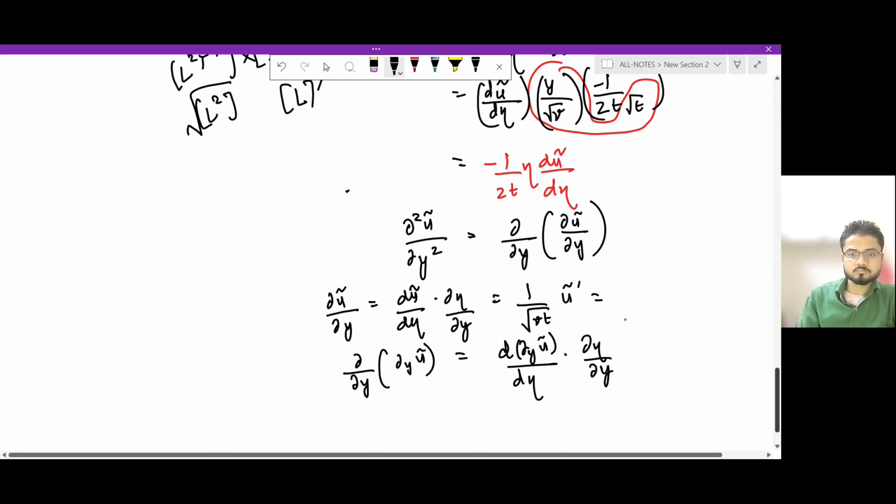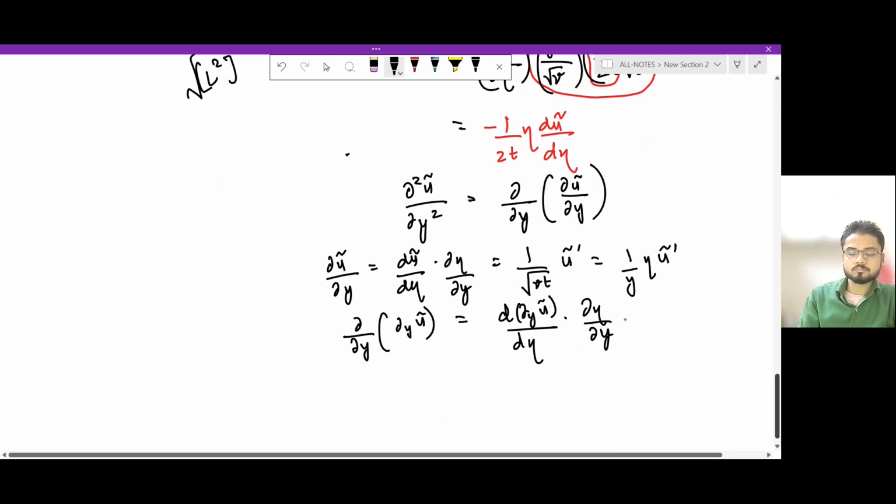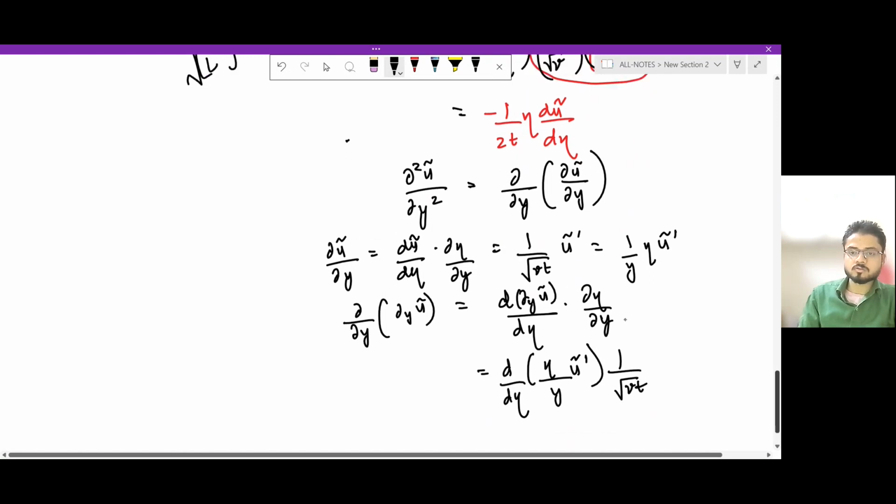And this is η over y times u′. ∂η/∂y is 1 over the square root of νt, of course.